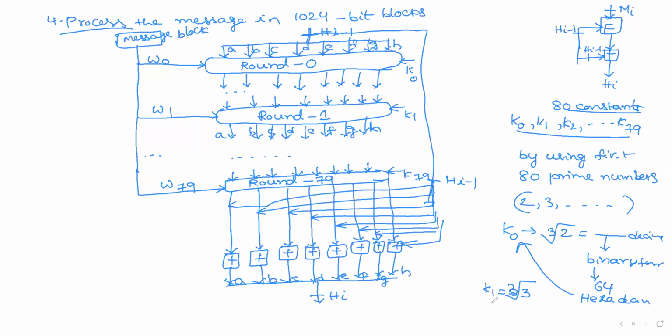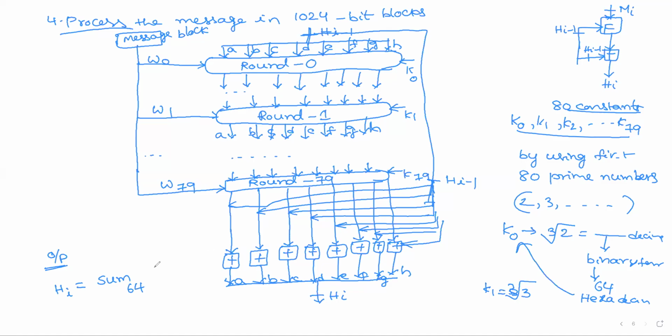Okay. So what will be the output here? How are you getting that Hi? The output here in this figure, Hi, we are getting by performing addition modulo 2 power 64 operation. We are writing it like sum of 64.